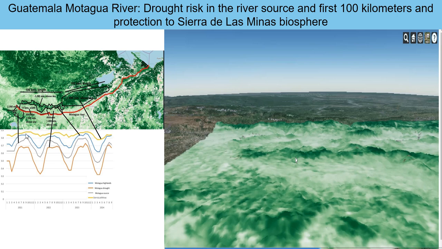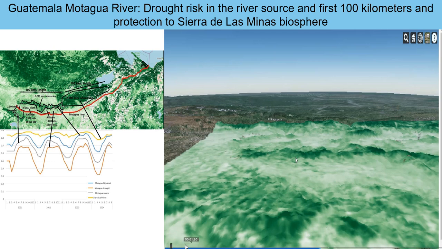It keeps this level very steady. So we have to protect this Sierra de las Minas biosphere because even though it is very far away from the river source, it keeps the humidity and the soil moisture between these highlands and the river flow.